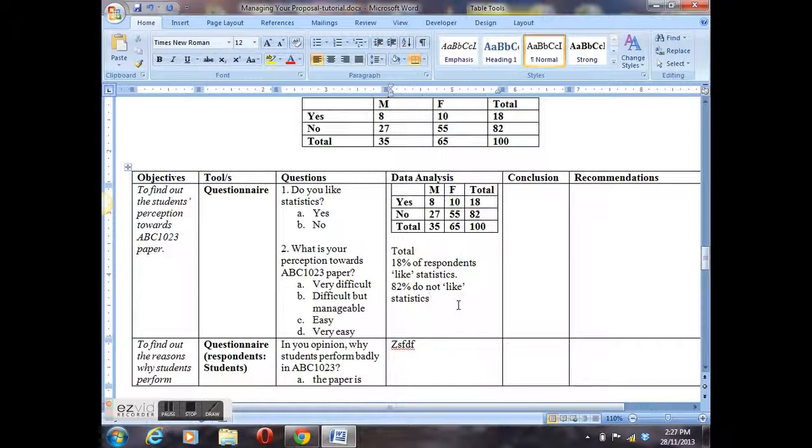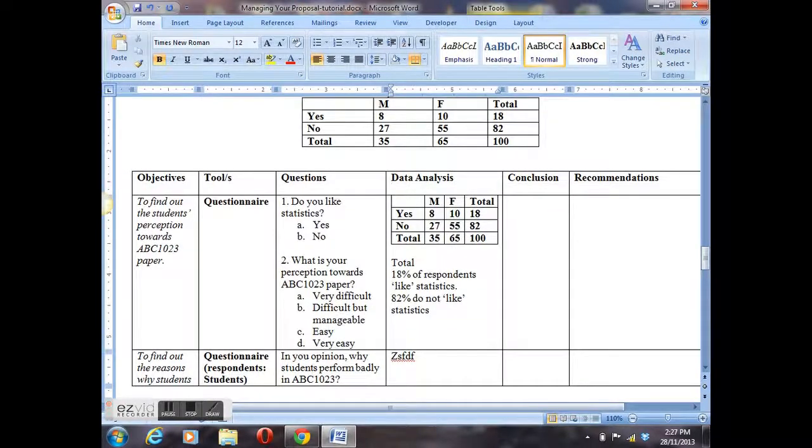So when you write your discussion of the findings, you are going to refer to the table and write a few sentences.